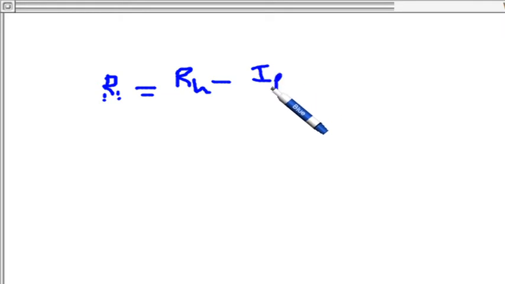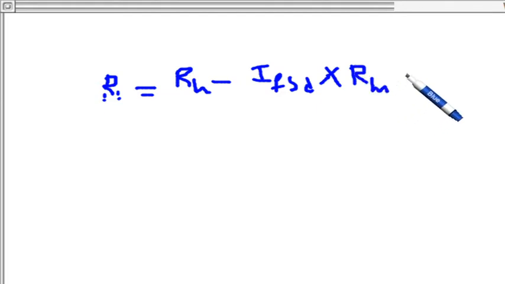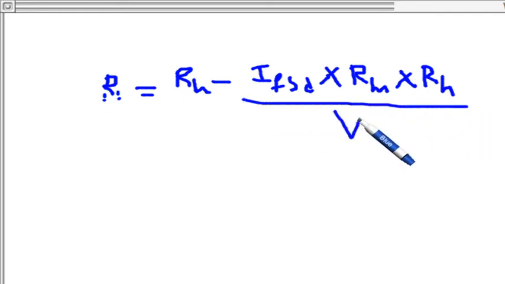So here R1 is equal to half scale resistance RH minus full scale deflection current IFSD into RM into RH divided by voltage V. So in this equation you substitute the values, then you can get the value of R1.